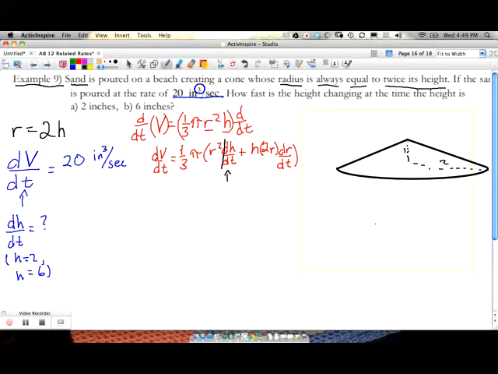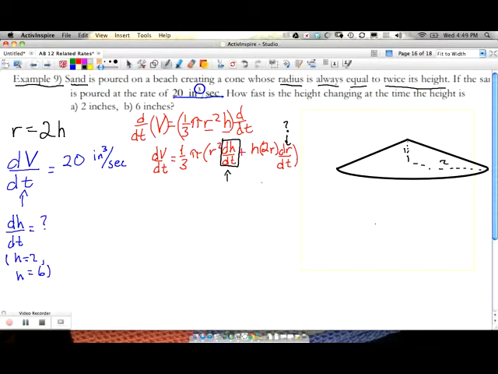But the big wonder, like how do I deal with this, I can plug in h, I can plug in r, I can plug in dV dt, but this one right here, this dr dt, what do I do with that? Well, I got some options. I pretty much just need to do a substitution somewhere to get rid of the r's or dr dt's, or both.